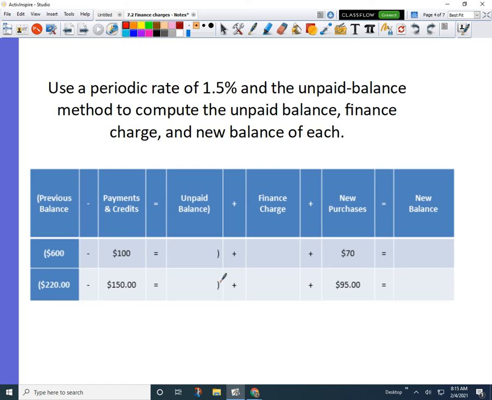So we've got a previous balance of $600 and we made some payments or we had some credits that totaled $100. That means that our unpaid balance is $500. We still owe Visa, MasterCard, whoever, $500. Then we're going to calculate the finance charge of 1.5%. So you're going to have to change that to 0.015 before you multiply.